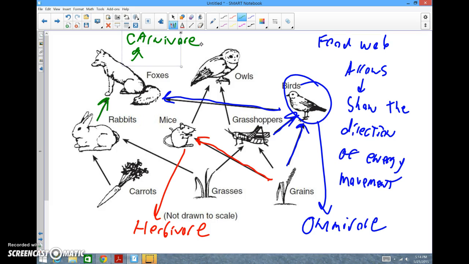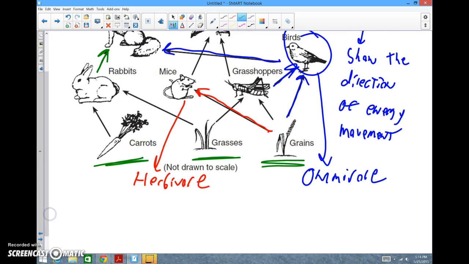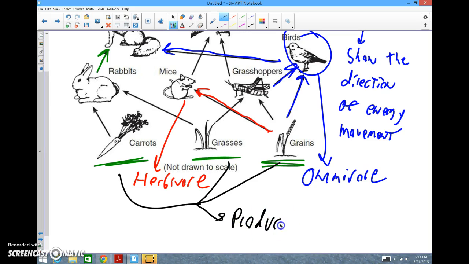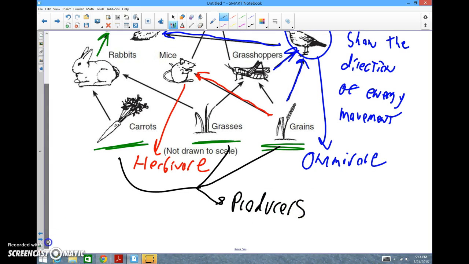What you hopefully notice when looking at this diagram is that the carrots, the grasses, and the grains actually don't seem to have any arrows pointing at them. And the reason for that is because these three things are what we call producers. They actually provide the energy for the entire ecosystem.